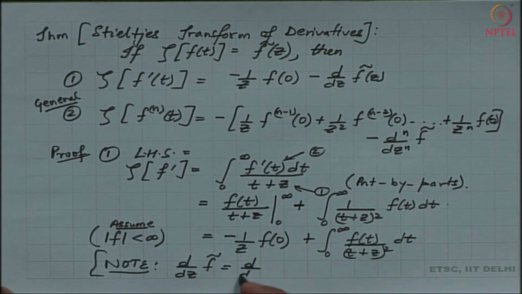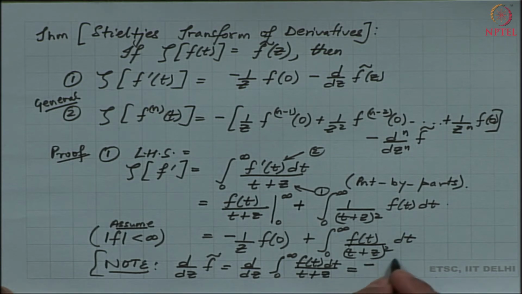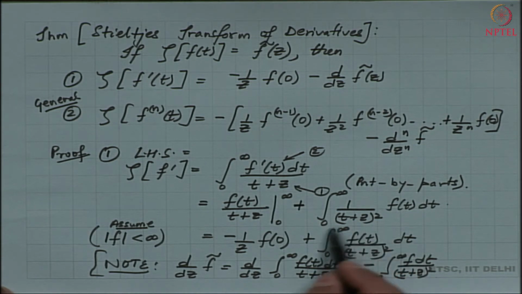This is also equal to the derivative with respect to z of this integral from 0 to infinity f of t dt divided by t plus z. So, when I take the derivative I am going to get minus the integral from 0 to infinity f of t dt divided by (t plus z) square. Okay. And we see that this particular integral is nothing but the negative of the integral in this expression on the right hand side.